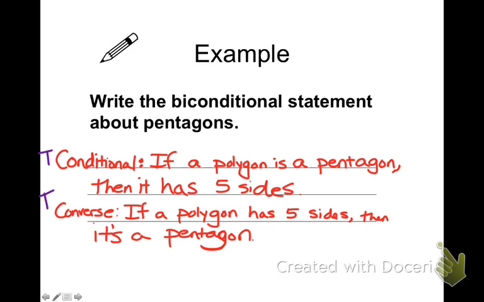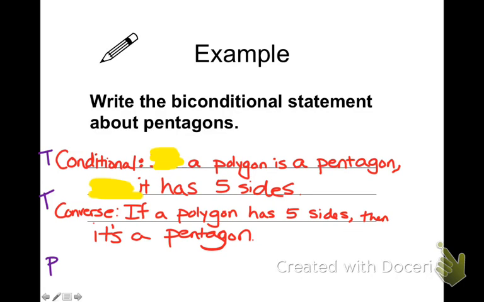So since they're both true, now we can write a biconditional statement. Now this is what we're going to do. What did I say we do? We delete the words if and then from the original conditional statement. And what goes in between the hypothesis and the conclusion? If and only if.